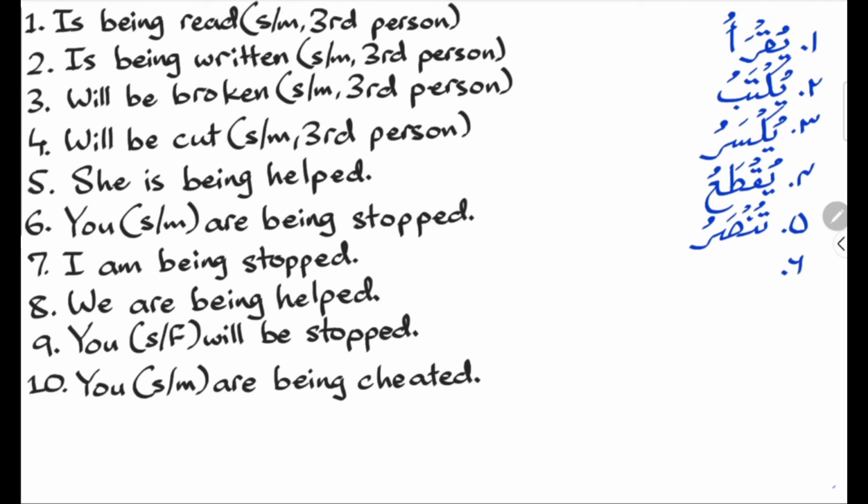Number 6, you singular male are being stopped. Stop in Arabic is mana'a. You singular male are being done is tuf'alu. Mana'a on the wazn of tuf'alu is tumna'u. Number 7, I am being stopped. That's on the wazn of uf'alu. And stop, as came before in the 6th sentence, is mana'a. So mana'a on the wazn of uf'alu is umna'u.